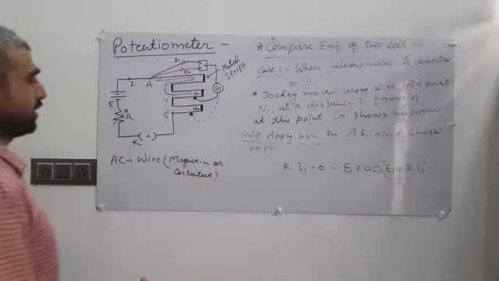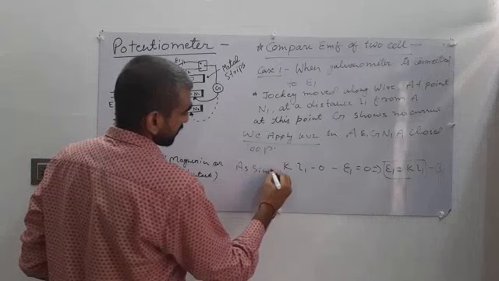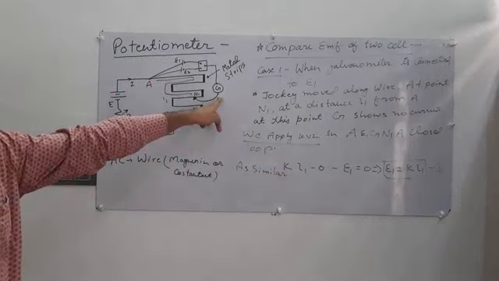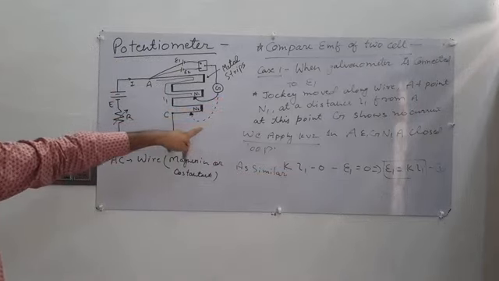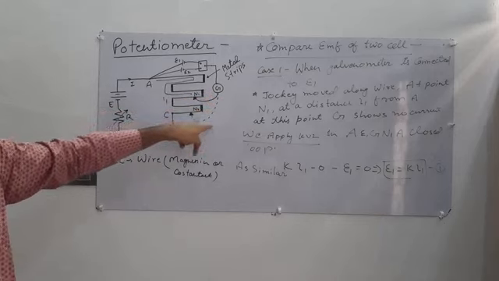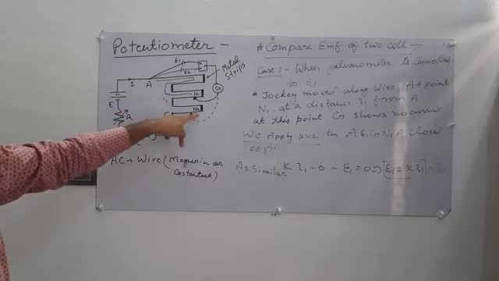Similarly, in case two, we connect our galvanometer with E2, and the jockey is connected at point N2, where the length from A to N2 is L2.